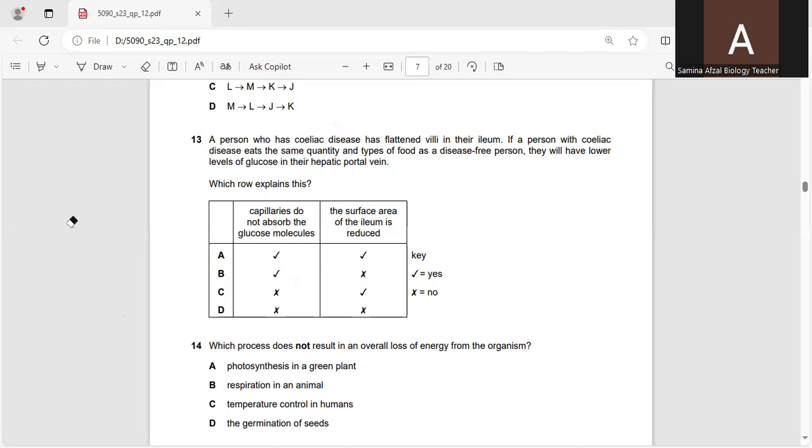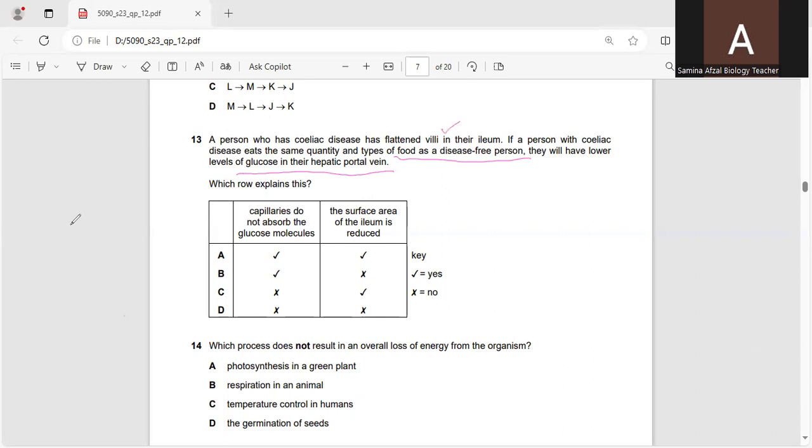If a person with coeliac disease eats the same quantity and type of food as a disease-free person, they will have lower levels of glucose in their hepatic portal vein. Which row explains this? According to the statement which we have read above, which statement is correct?